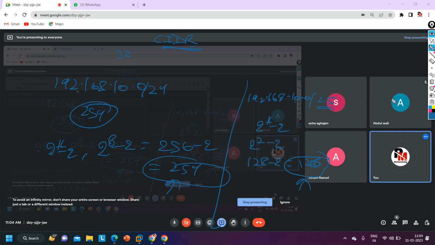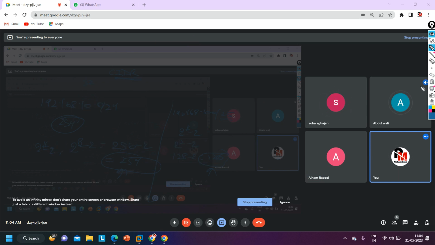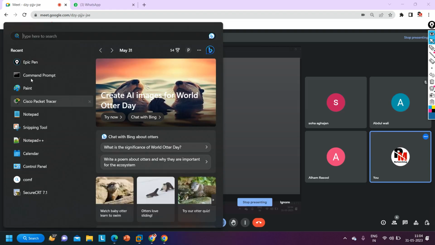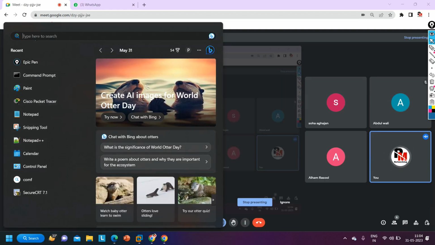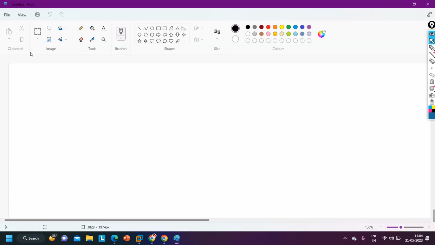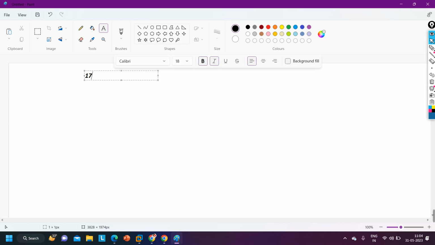Now I am going to perform subnetting from class B. Yesterday we discussed subnetting from class C, and today we first discuss subnetting from class B. My IP address is 172.16.10.0.